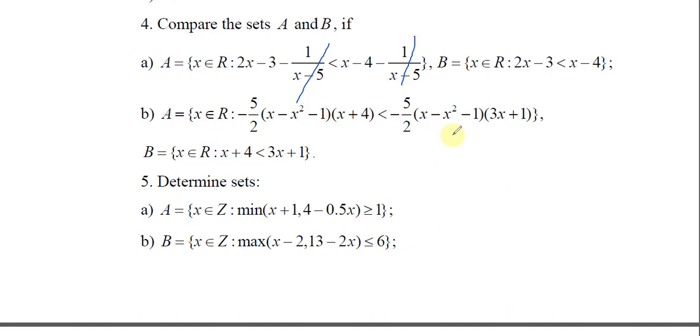And the B one, so the set A is this set.